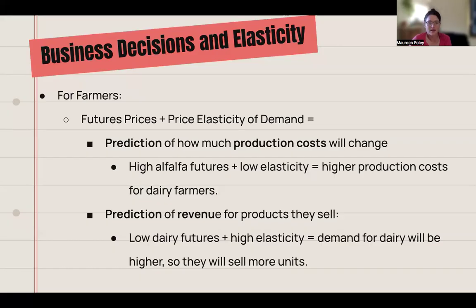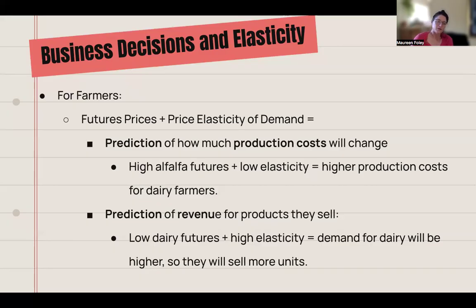And if you combine that with high futures, it could tell a farmer that their production costs are going to get higher. So that's a valuable piece of information. You could also use it to predict the revenue for what you sell.